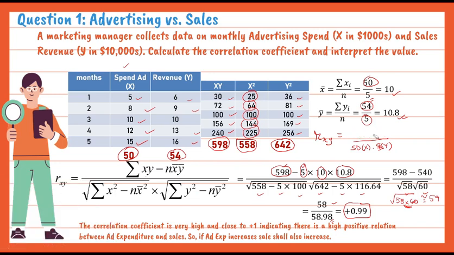The other way we write this is 1 by n, where n is the number of pairs, summation of x minus x bar into y minus y bar, divided by the root of 1 by n summation x minus x bar whole square.